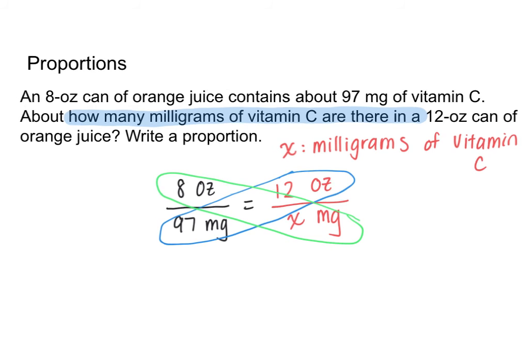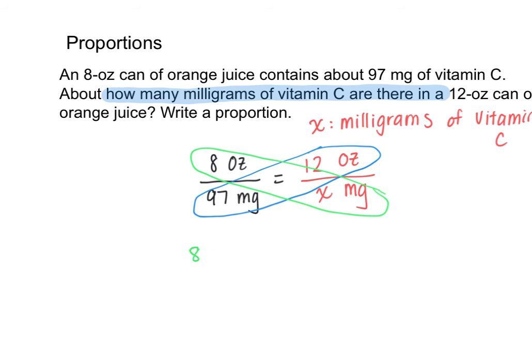So let's write the green one on the left. We've got 8 ounces times X milligrams, and that will be equal to 97 milligrams times 12 ounces. Okay?